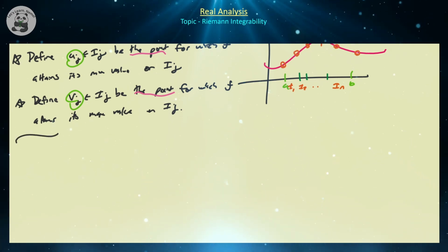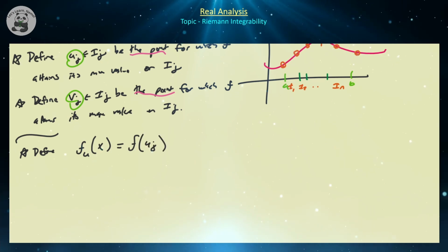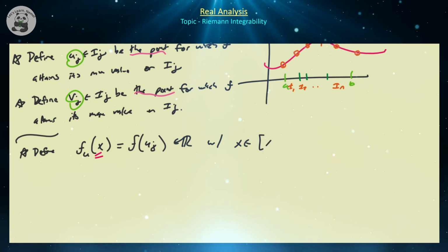So once we have that, what are we going to do? Now we're going to define f_u(x) to be equal to f(u_j). Keep in mind, u_j is just a number, not a variable. So f(u_j) is also just a number as well, right? So f(u_j) is just a number where these arbitrary points x belong to the interval [x_{j-1}, x_j], the place where u_j belongs.